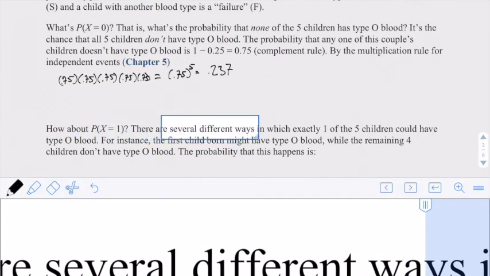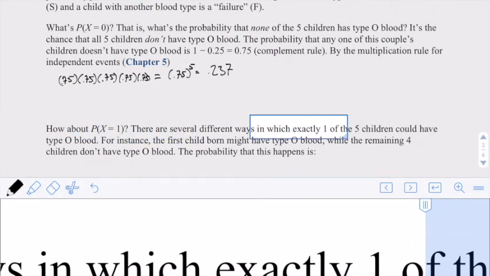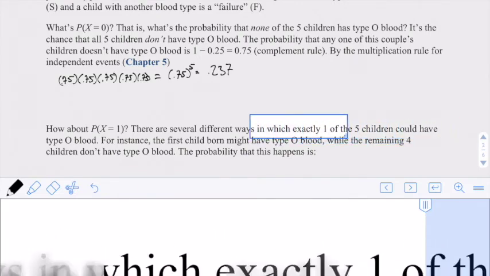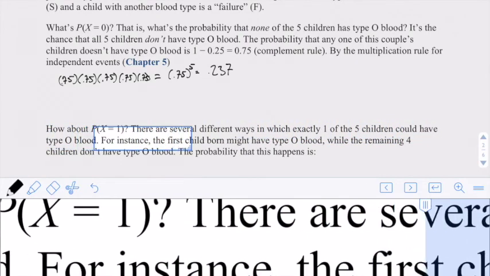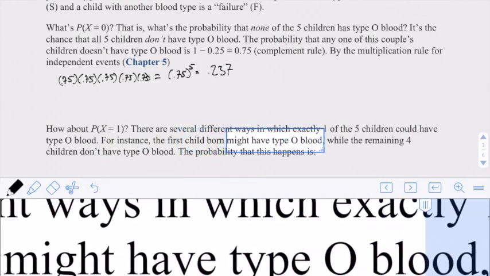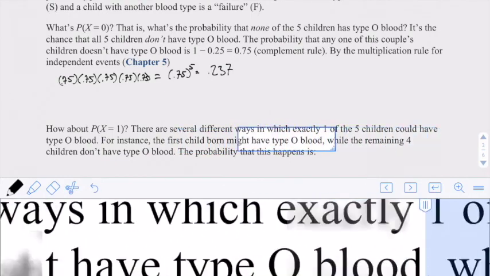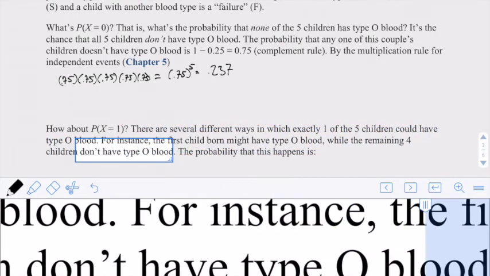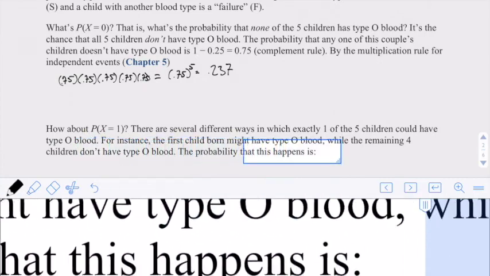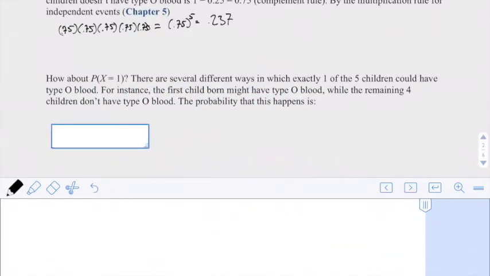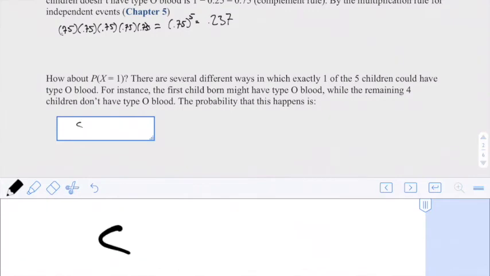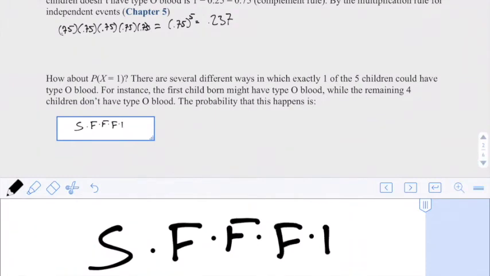There are several different ways in which exactly one of the 5 children could have type O blood. For instance, the first child might have type O blood, while the remaining 4 children don't. The probability of that is a success of type O blood and then failure, failure, failure, failure.